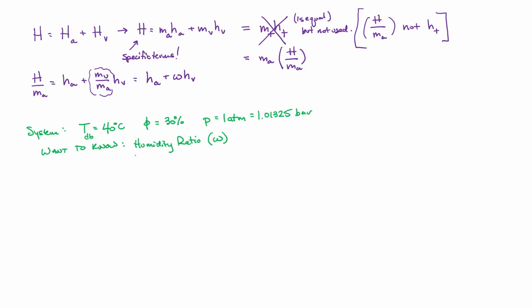And what is my specific enthalpy at this time, that is my H per mass air. The units for this: I'm looking for kilograms vapor per kilograms air, and here I'm looking for kilojoules per kilogram air.